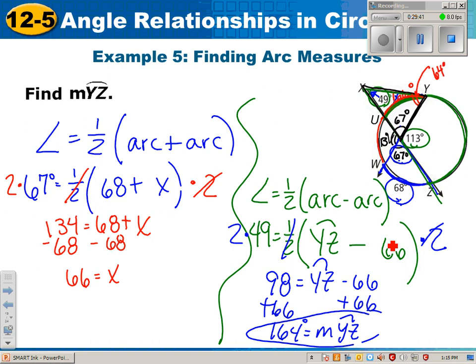And then they said 64 is this angle, so since its vertex is on the circle, the arc that it intercepts here should be twice 64. So they found out that this was 128 degrees. This was 68 degrees. Added those together, and the remainder of the circle, which is what they're looking for, should be YZ.